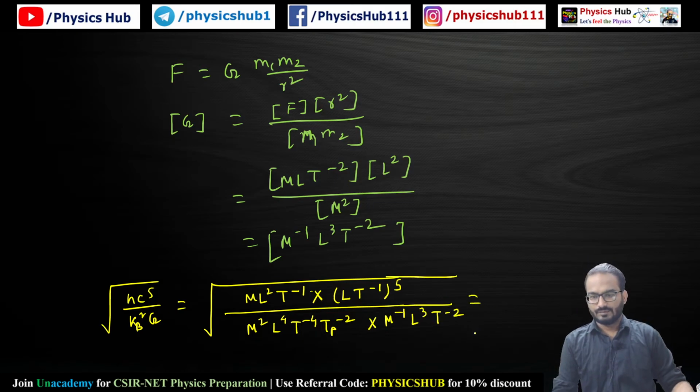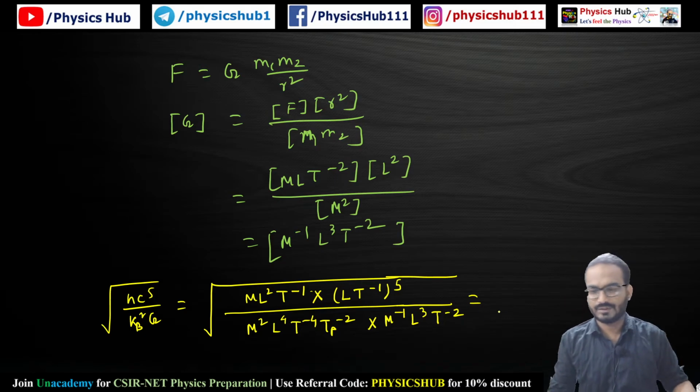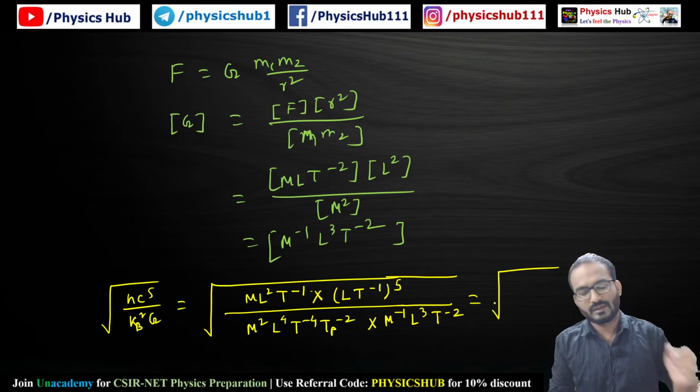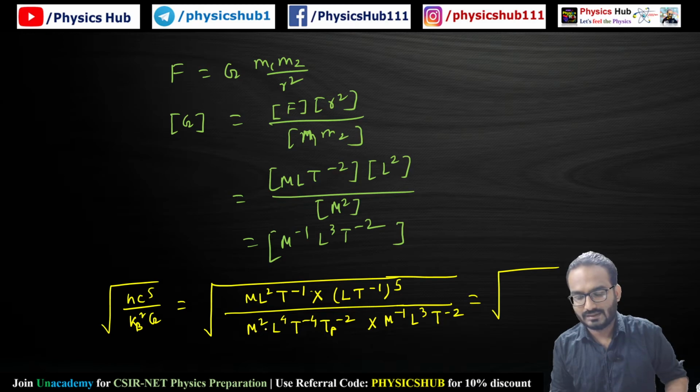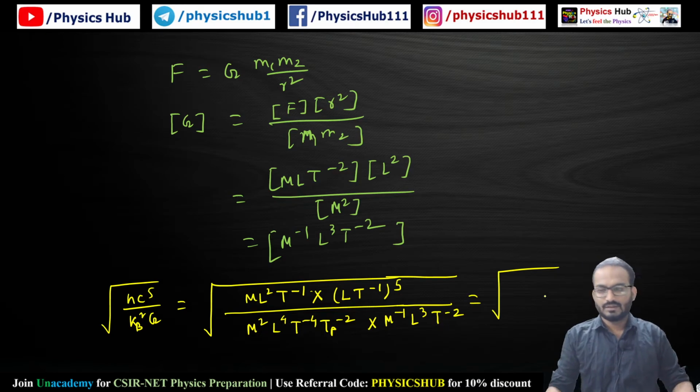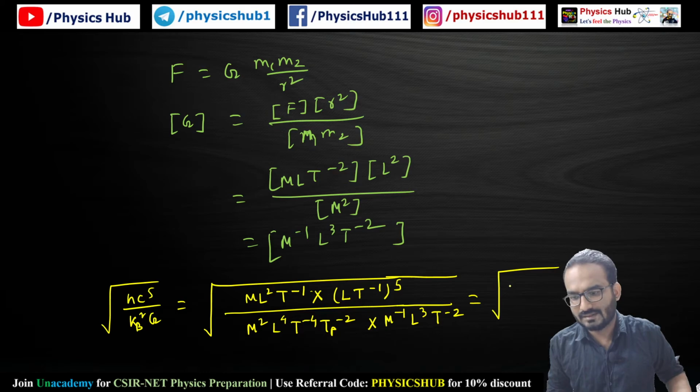So if you do some little derivation, the easy way to do it is to take care of the quantities separately. Let's start with M, then L, then T, then T_P. So M is 1 and here 2, here minus 1. First tackle the numerator part.